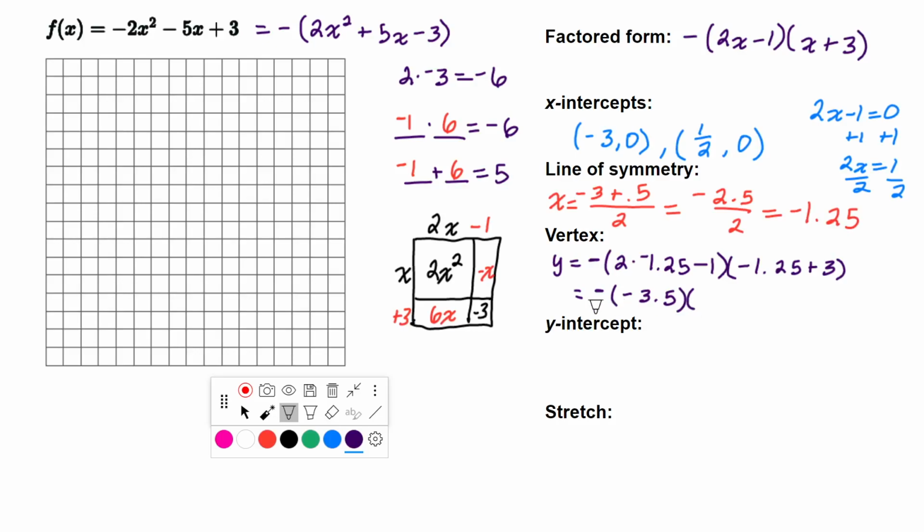And negative 1.25, adding 3, is a value of 1.75. So a negative times a negative becomes a positive. 1.75 times 3.5 is 5.25. So we have a vertex of negative 1.25, 5.25.